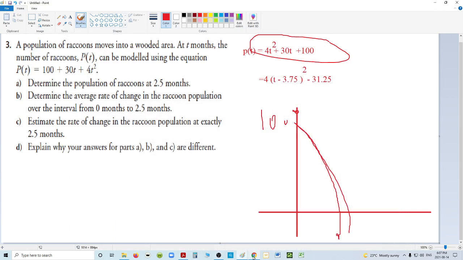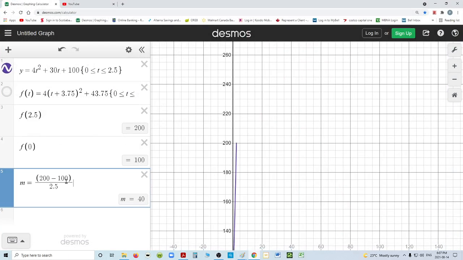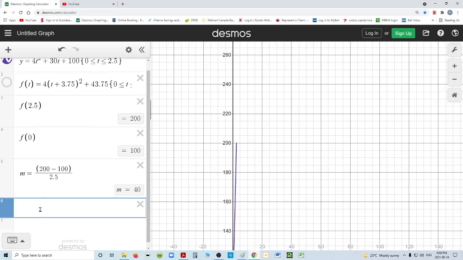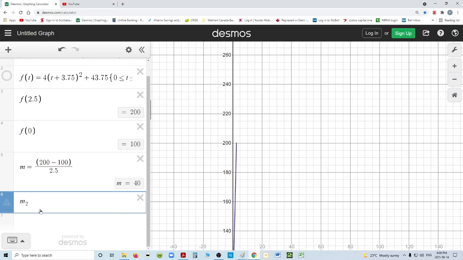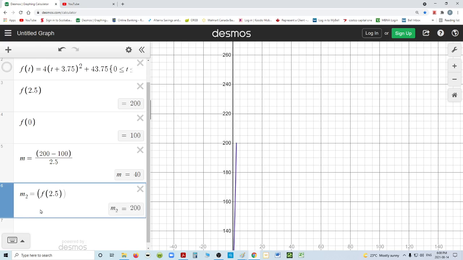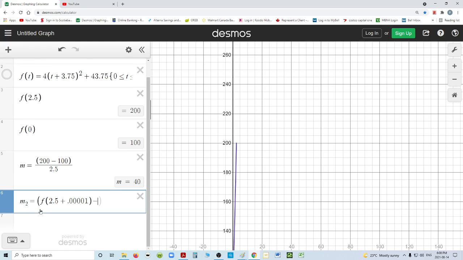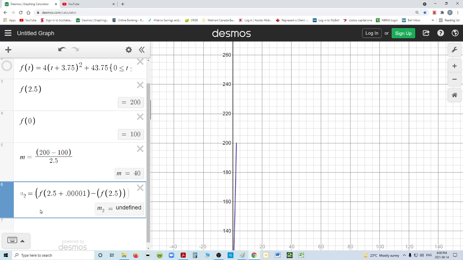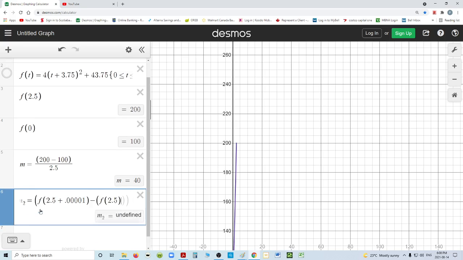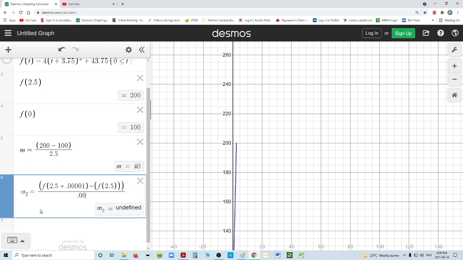Estimate the rate of change of the raccoon population at exactly 2.5. Okay. The rate of change, which we'll call M2, is going to be f of 2.5 plus 0.00001, that's my h, minus f of 2.5, divided by 0.00001.